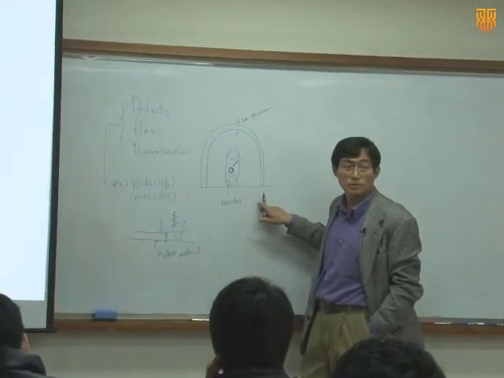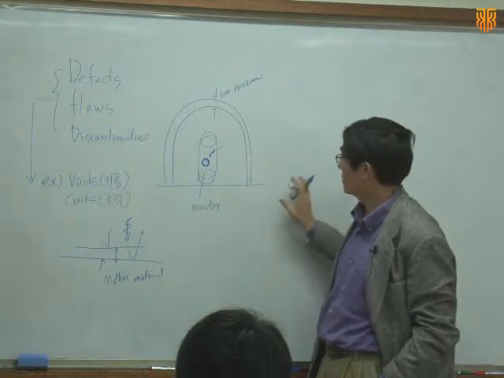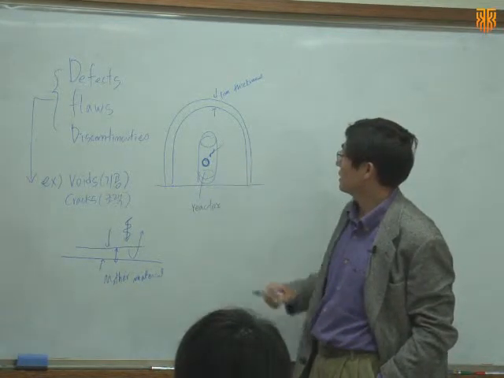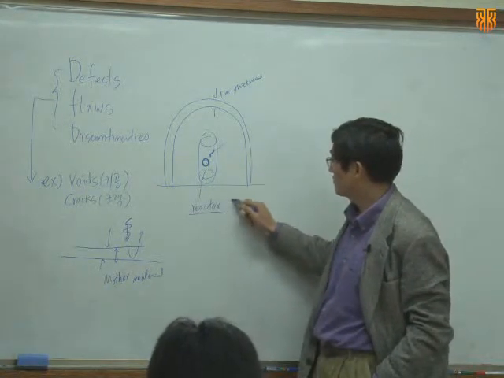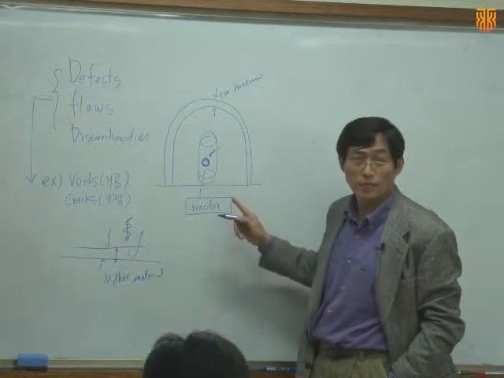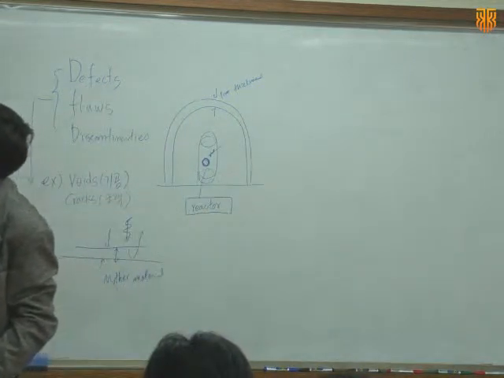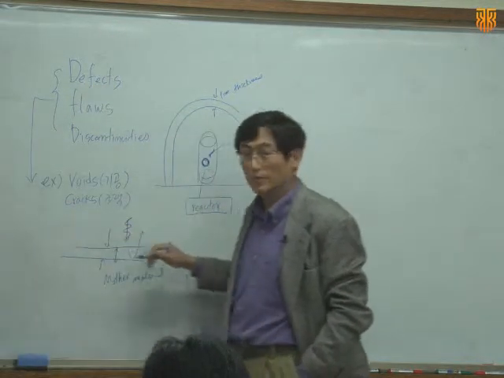Under certain circumstances it has high pressure gas inside. So you want to know whether this reactor is safe or not. In that case, you will need to estimate the material property, right?